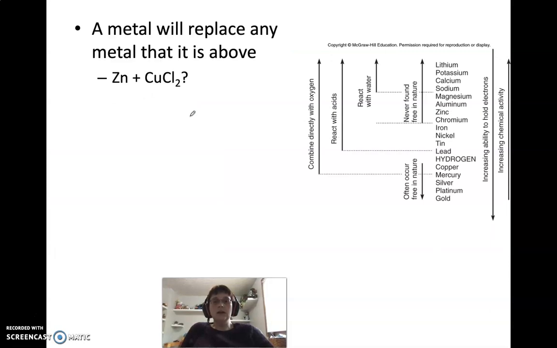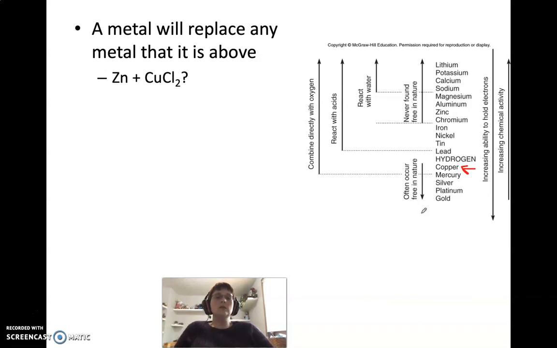So let's take a look. A metal will replace any metal that it is below... that it is above. So we know that aluminum will replace copper in copper chloride. So will zinc, Zn. So again, here is copper.